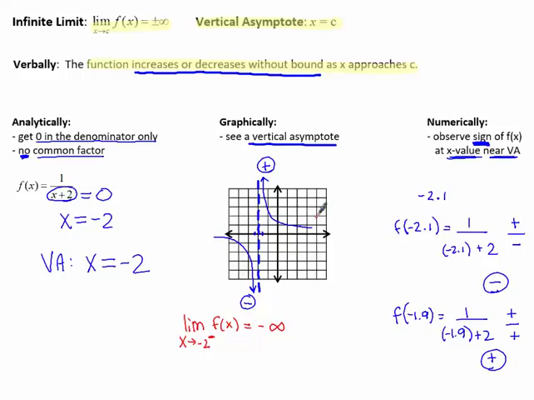And for this one, the limit as x approaches negative 2 from the right for f of x equals positive infinity. Now technically, these are limits that do not exist. But because we know the specific direction they're going, it's okay for us to say the limit equals negative infinity and the limit equals positive infinity.